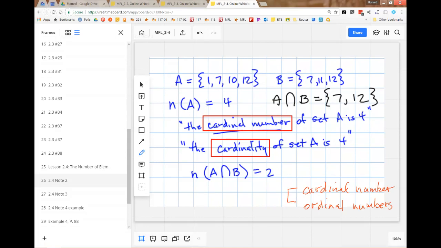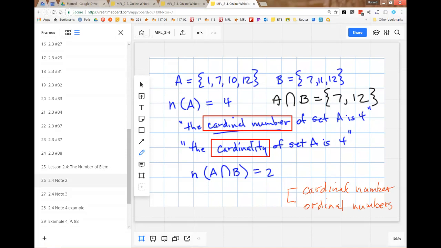If your son or your friend was on a softball team and there were 15 guys on the team, then the cardinal number for that team is 15. That's how many players there are. But an ordinal number might be that the softball team at the current time is in 3rd place.